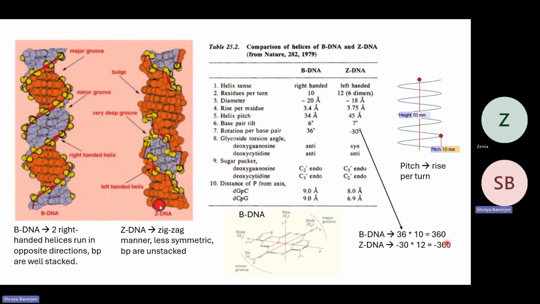So 36 into 10, 360 degrees. And similarly for zDNA, rotation per base pair is around minus 30 degrees into 12 base pairs per turn. So that is also giving you the complete turn of 360 degrees. So like this, bDNA and zDNA differ in various parameters. We will define the other parameters slowly.